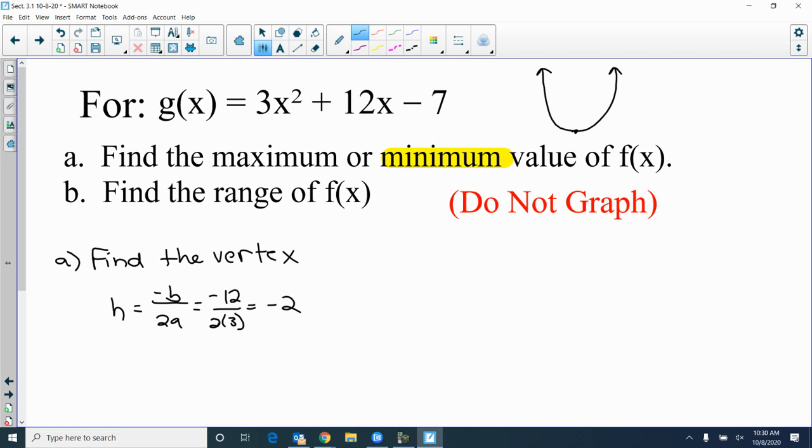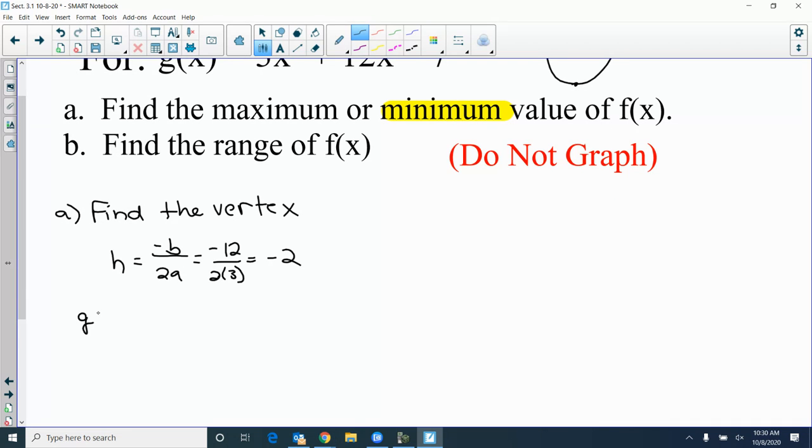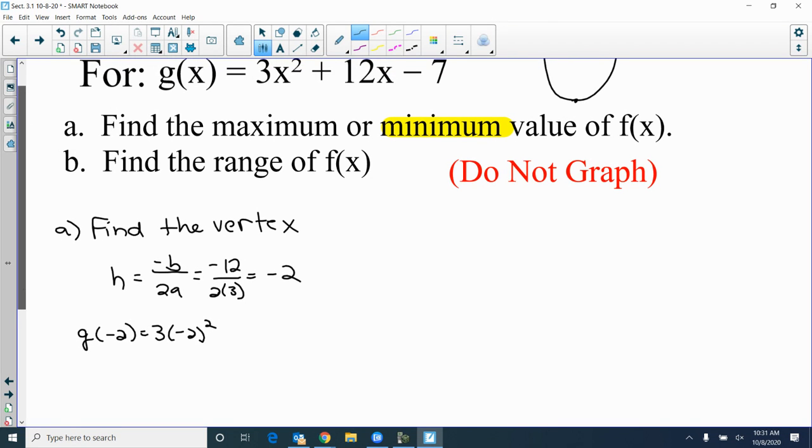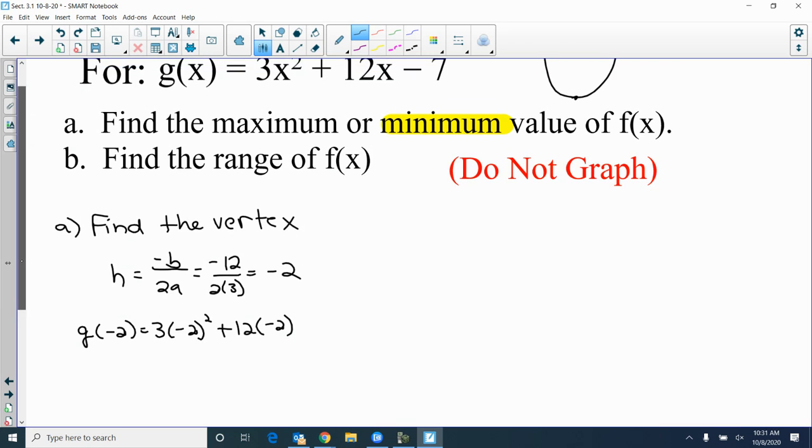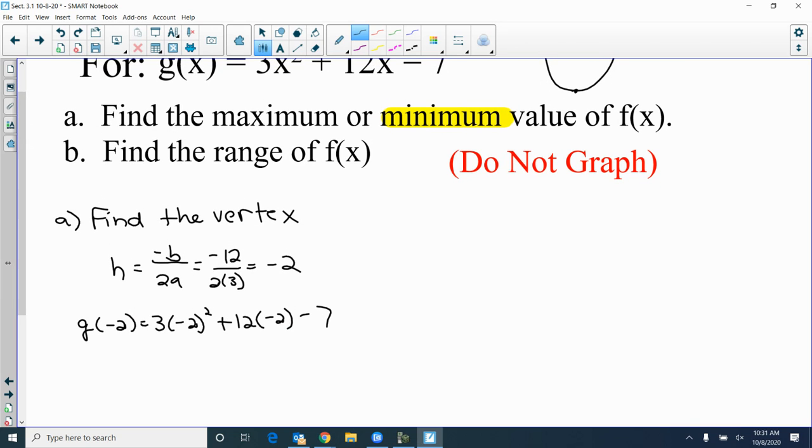What do we do to find the y value, though? Plug it into the equation. So I got g of negative 2 is 3 times negative 2 squared plus 12 times negative 2, and then minus 7.